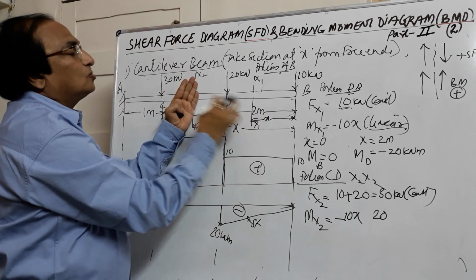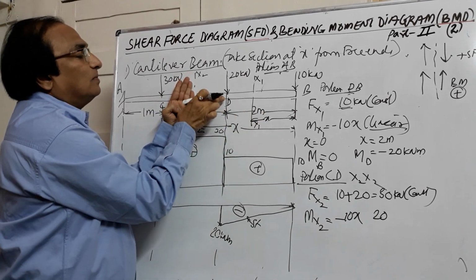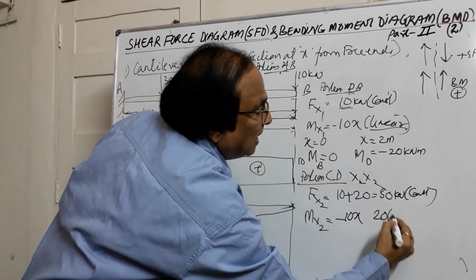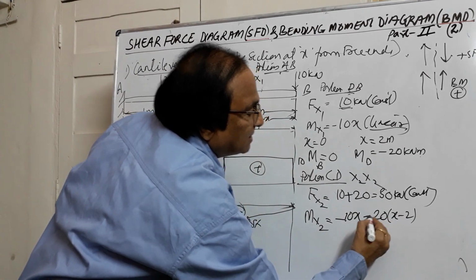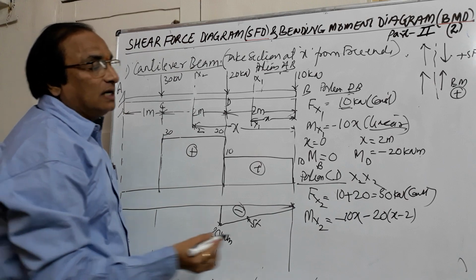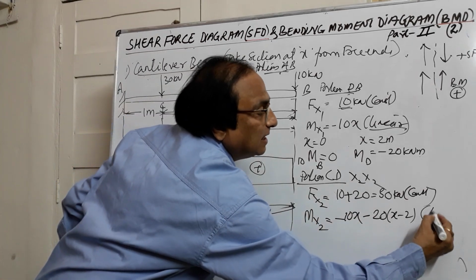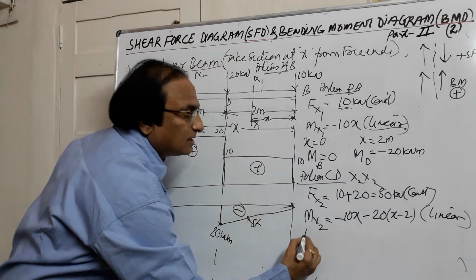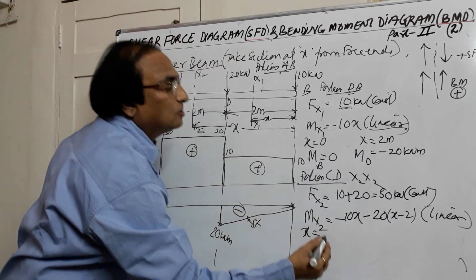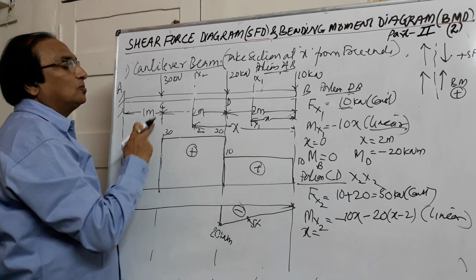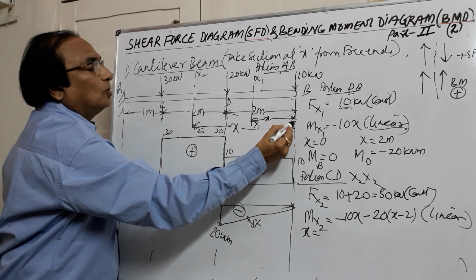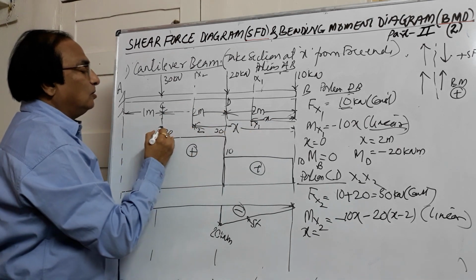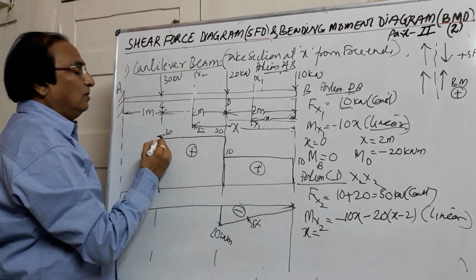So x minus 2 is the distance of this force from the section into x minus 2, and this is acting down, so it will be minus. If you see to the power of x, it is a linear, x to the power of 1, it is a straight line. So let us substitute the values of x, we are measuring from C to D, so x will be equal to 2 meter to x is equal to 4 meters.